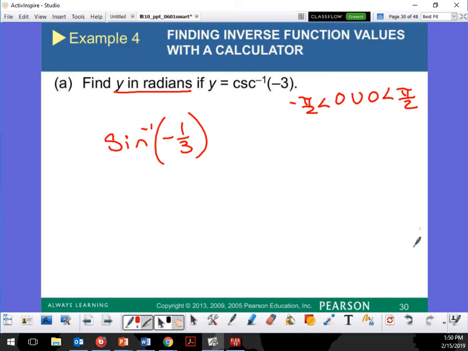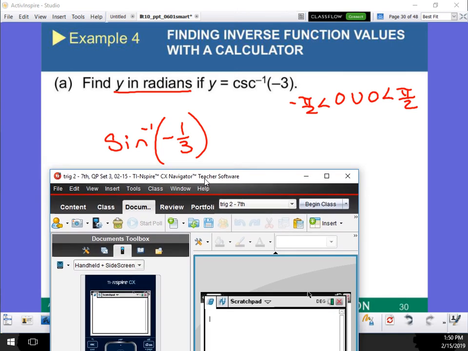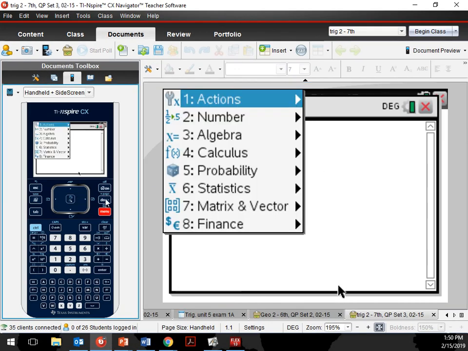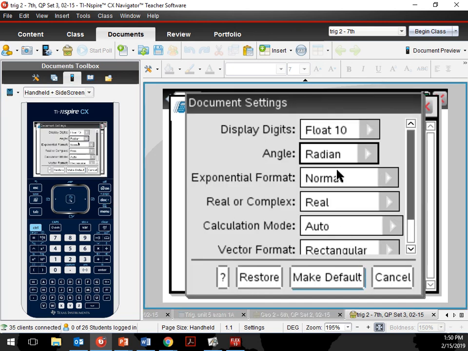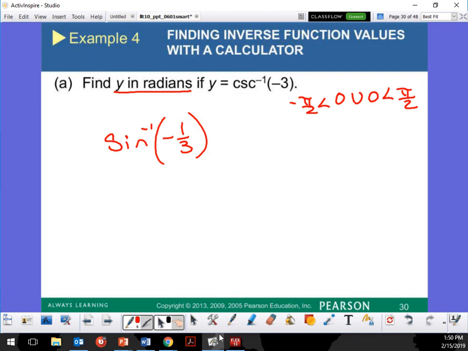So, you guys will love this. Radian. Is your calculator in radian? No, I just changed it. Doc, settings, radian, make default. Wow, mine just shut off.